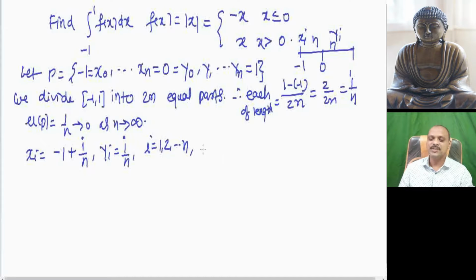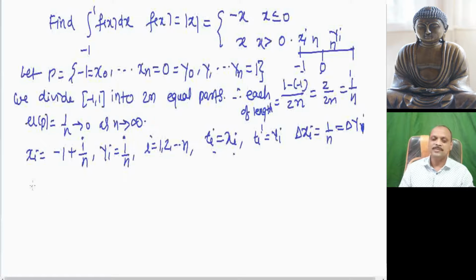These are our choice of points, that is, ti is equal to xi and ti dash is equal to yi. So these are my points in the subinterval between -1 to 0, that is ti, and delta xi, each of length 1 by n, and this is nothing but also delta yi.